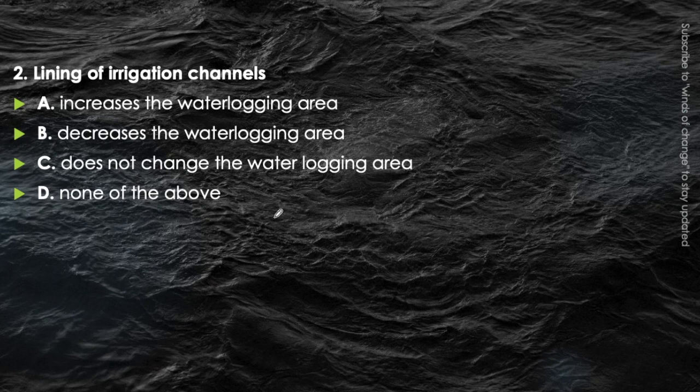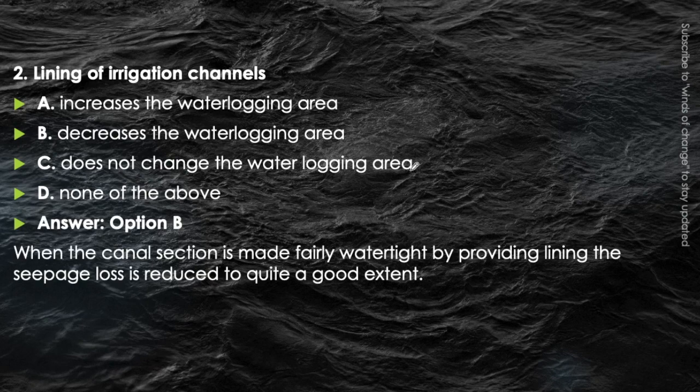So it will definitely decrease the water that can percolate to the adjacent field, and the waterlogged area that can form there will be decreased. There will not be possibility of getting a waterlogged area if you are lining the irrigation channel. So it will decrease the waterlogged area in the vicinity of it.